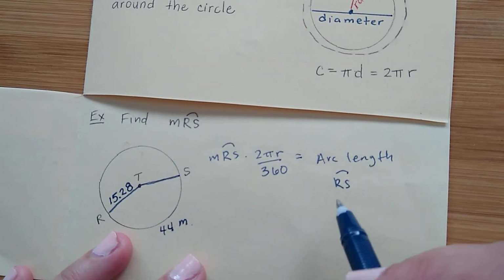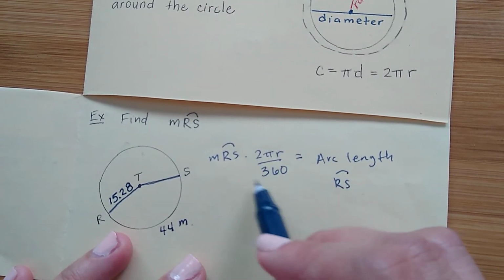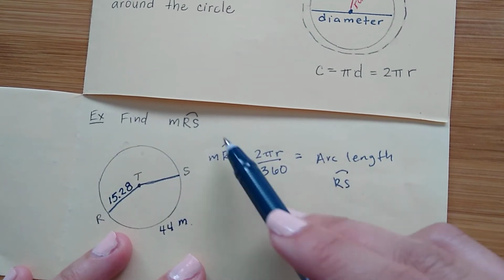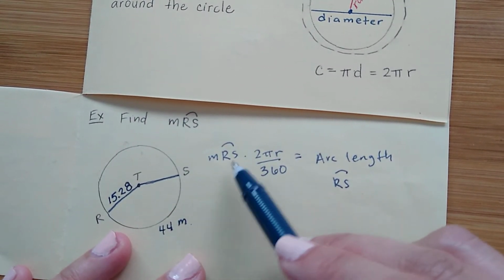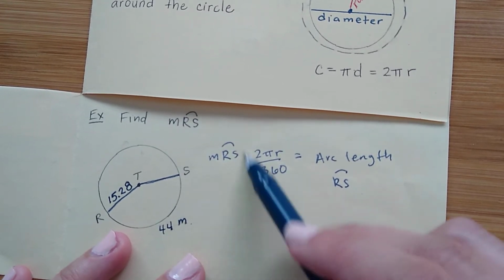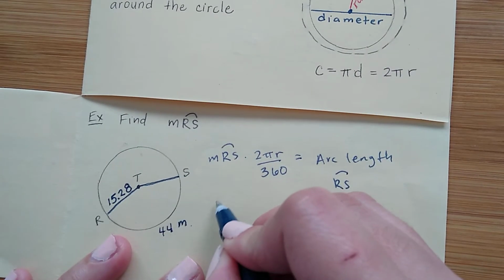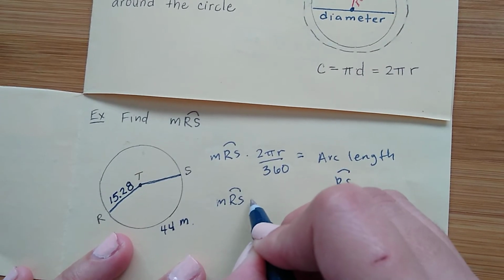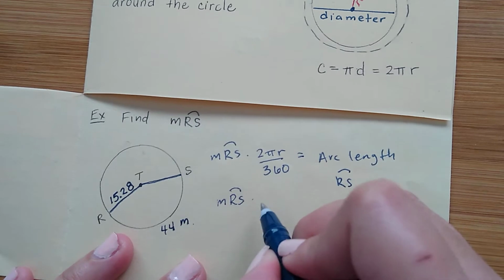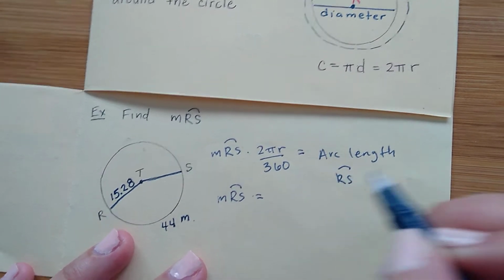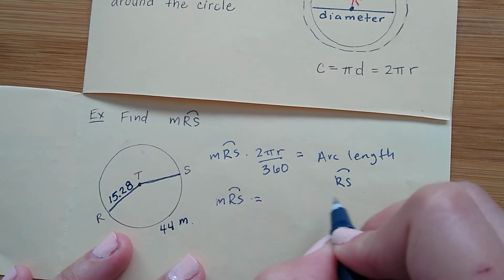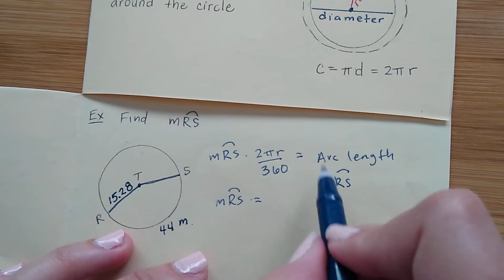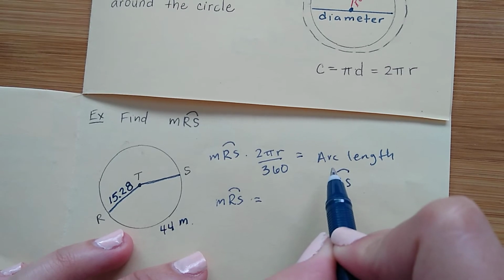So instead, we're going to multiply by the reciprocal of this, just so that we isolate the portion that we're looking for.